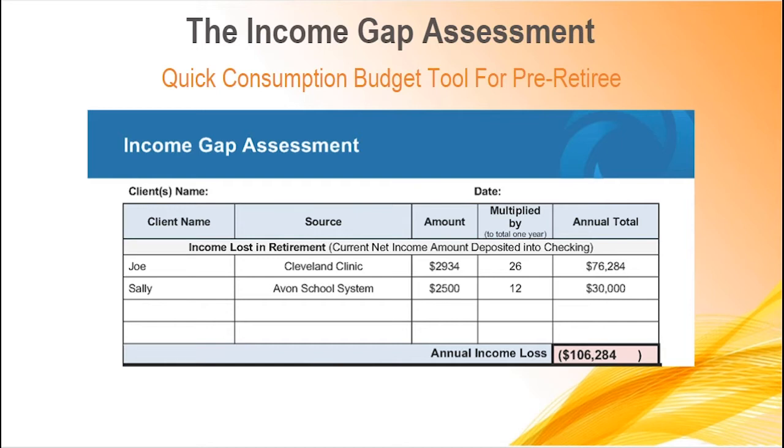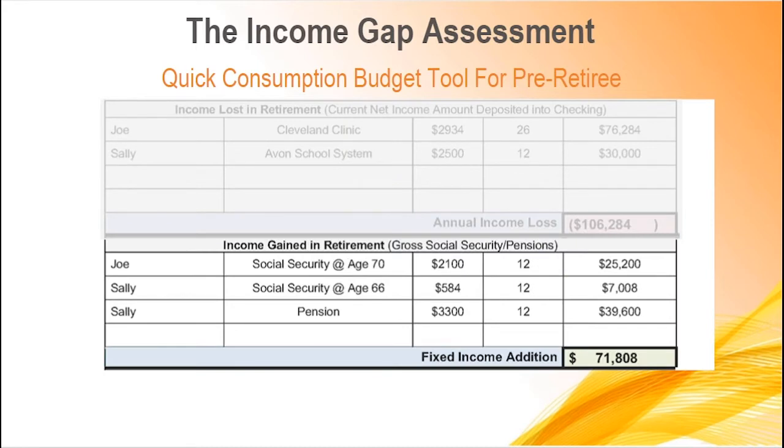Now, the next section on the income gap assessment is going to be income gained in retirement. And this could be in the form of Social Security or pensions. In this case, Joe is going to elect to take Social Security at age 70.